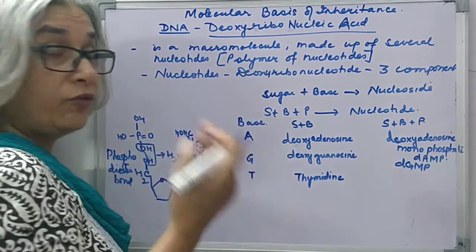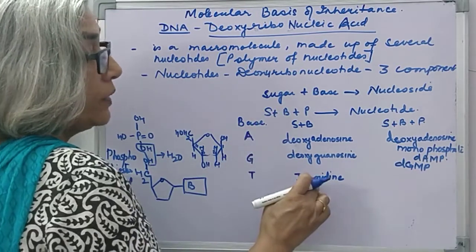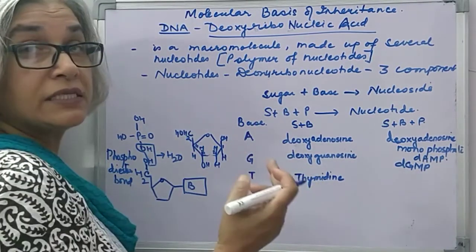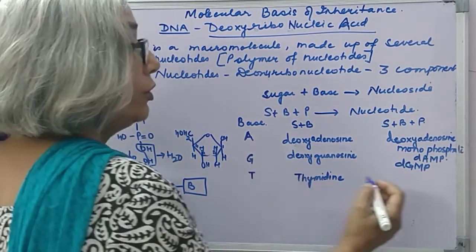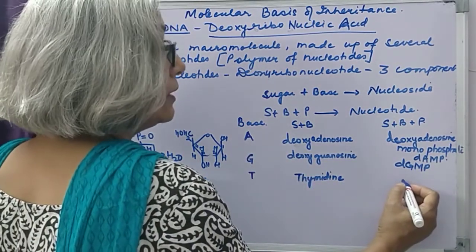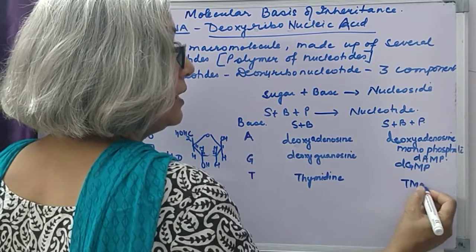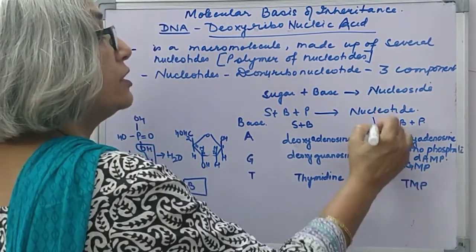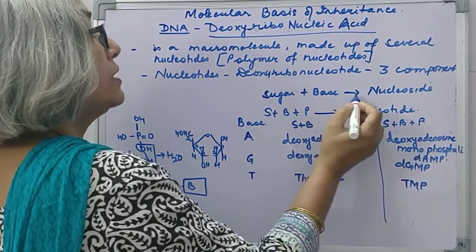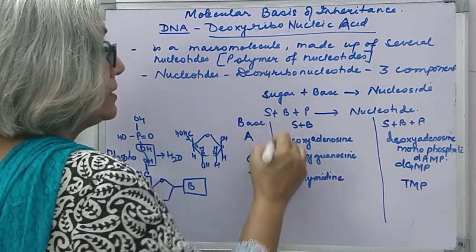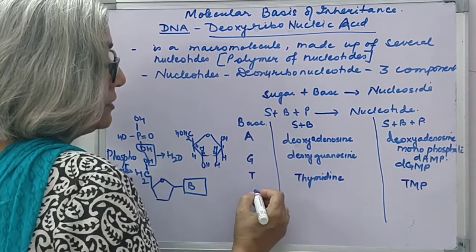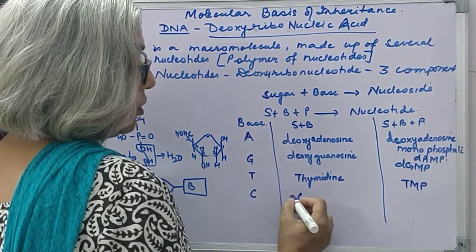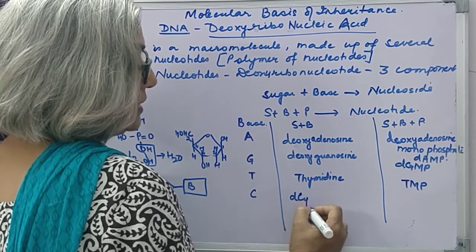In RNA with ribose sugar, in place of thymine, uracil base combines and it is called uridine. So this is TMP, that is thymidine monophosphate. This is the nucleotide, this is the nucleoside, and this is the base. And if cytosine is there, we call it deoxycytidine.